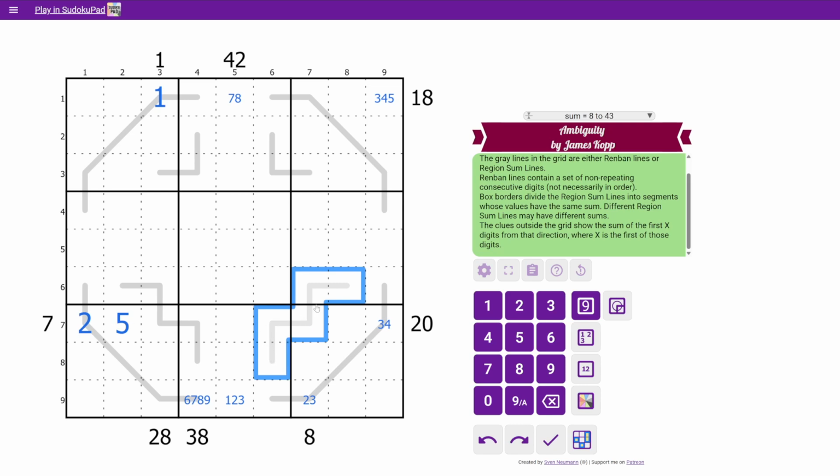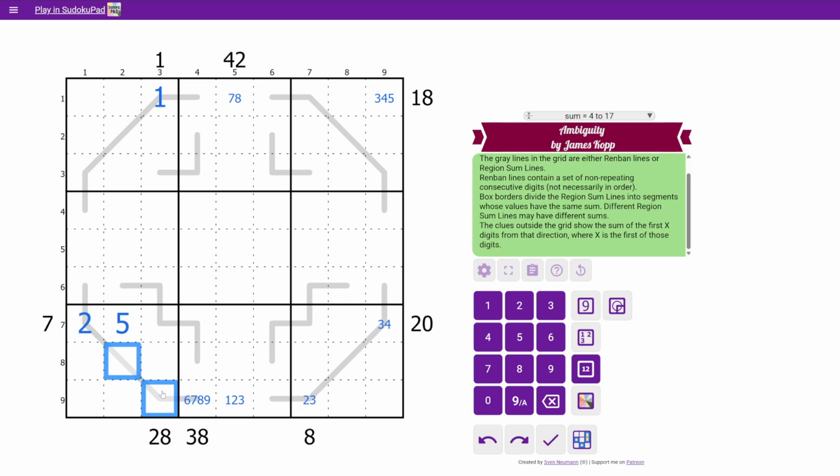Don't see why not, because can this be 1 and 4? This would be 1, this would be 4. Because 2, 3, 4, 5, 2 cannot reach 7, 8, or 9.